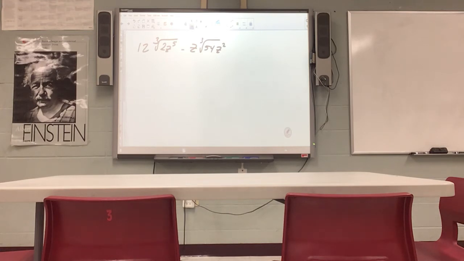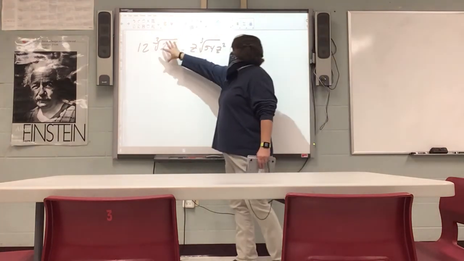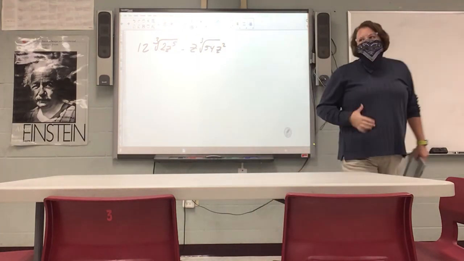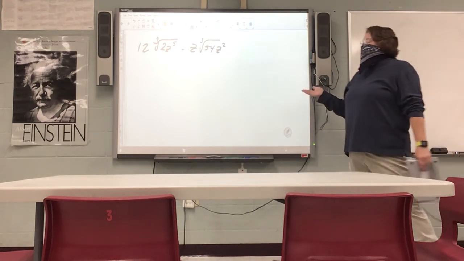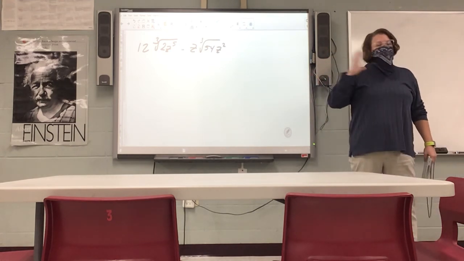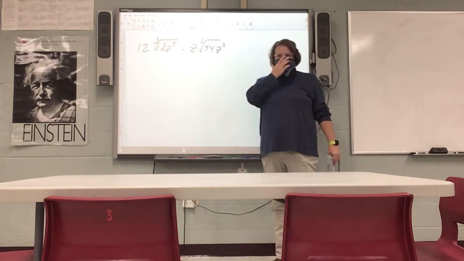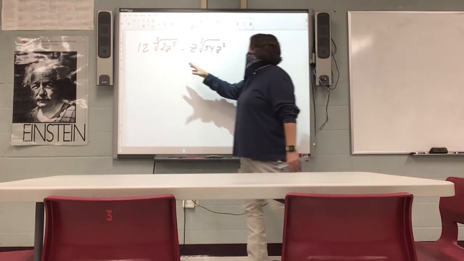Okay, so we don't get to do this like my guitar problem, because 2z to the 5th is not the same as 54z squared. But what we are assuming is that at some point we will get them to be the same, so they must simplify somehow. Okay, so let's try to see if we can simplify these.